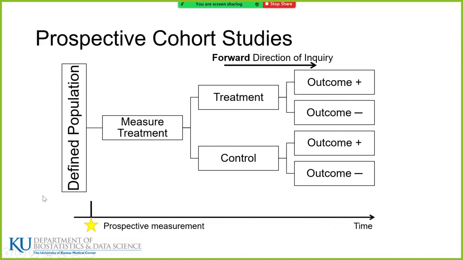So visually, the prospective cohort study, notice it looks a lot like the randomized controlled trial. We have our population of interest. We sample from them and just observe or measure their treatment or exposure. Maybe some of these individuals received a surgical intervention and some of them received some other pharmaceutical intervention, but we don't try to exert control over that.